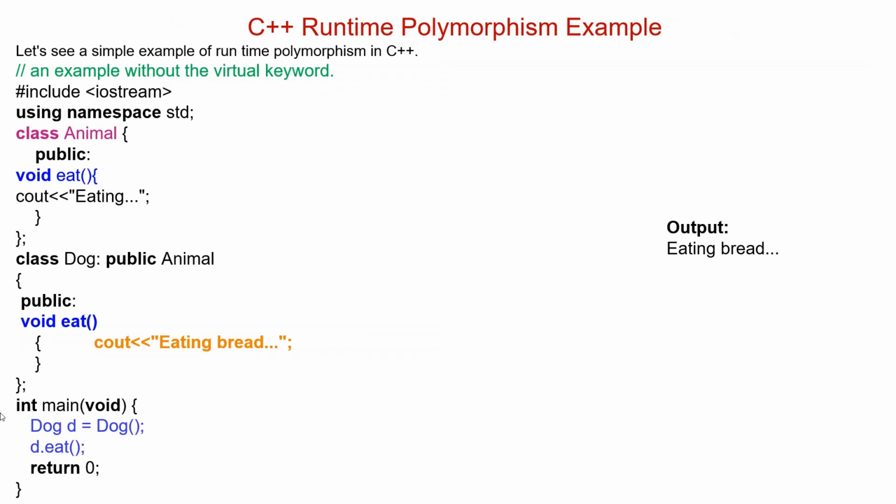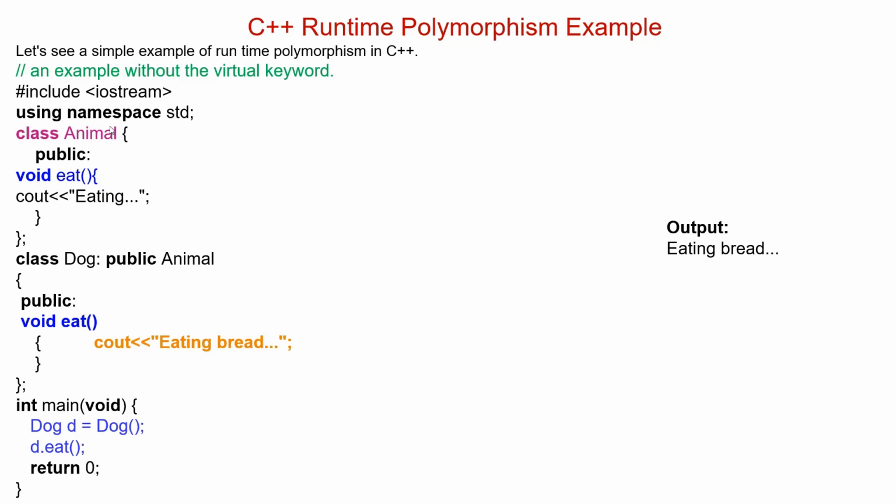Now, see the example of runtime polymorphism, a C++ runtime polymorphism example. Let's see the example of runtime polymorphism in C++. An example without the virtual keyword: #include <iostream>, using namespace std; class Animal, in the public section, has the method void eat which does cout eating; method complete, class complete.